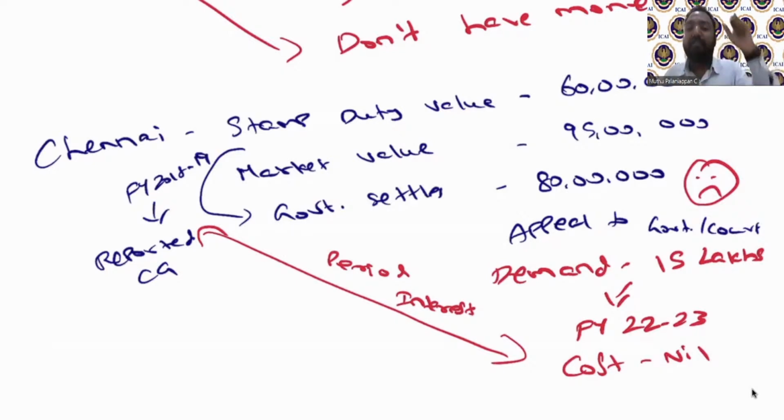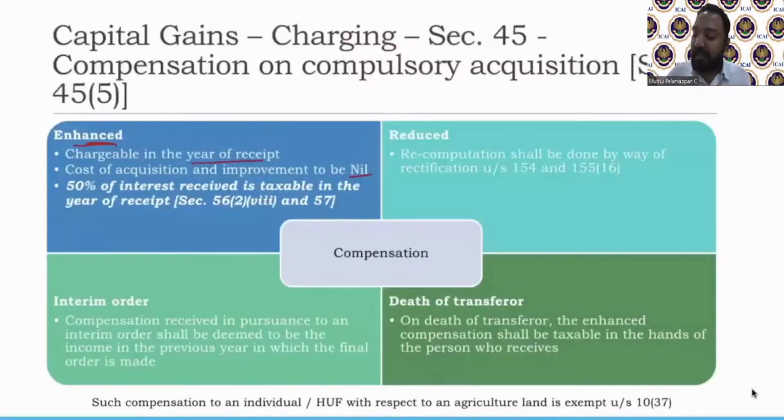Had they given that 15 lakhs in that year itself, I would have invested it, right? They are delaying the payment, so they have to pay it with interest. That interest is taxable. Only 50% of that interest is taxable under income from other sources. So this is IFOS, income from other sources. So this is about enhanced compensation.